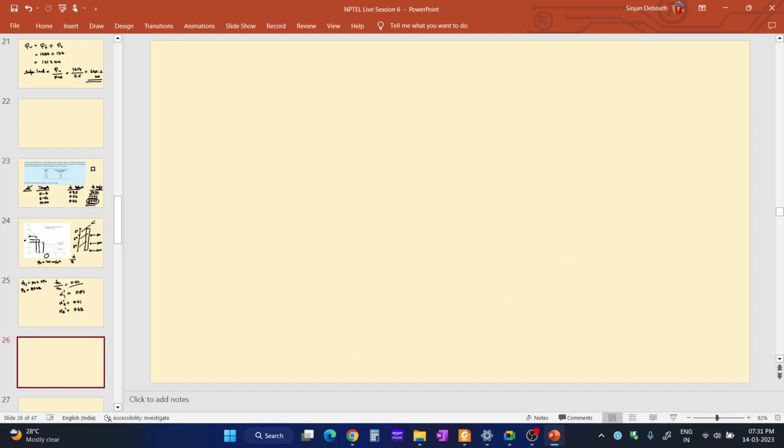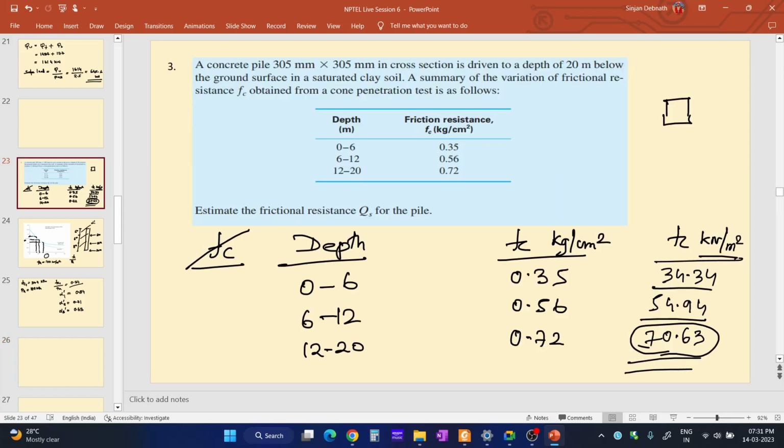So we need to multiply respective alphas with FCs. This one is FC1, this one is FC2, and this one is FC3.